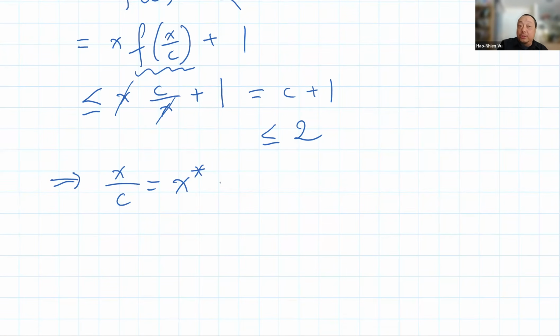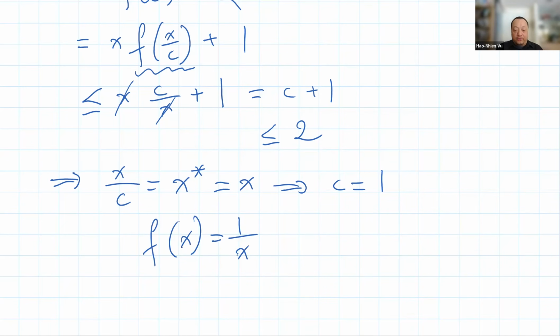But we already know that x star is x. And therefore, c is equal to 1. And that means fx is equal to 1 over x for each x. Done. QED.